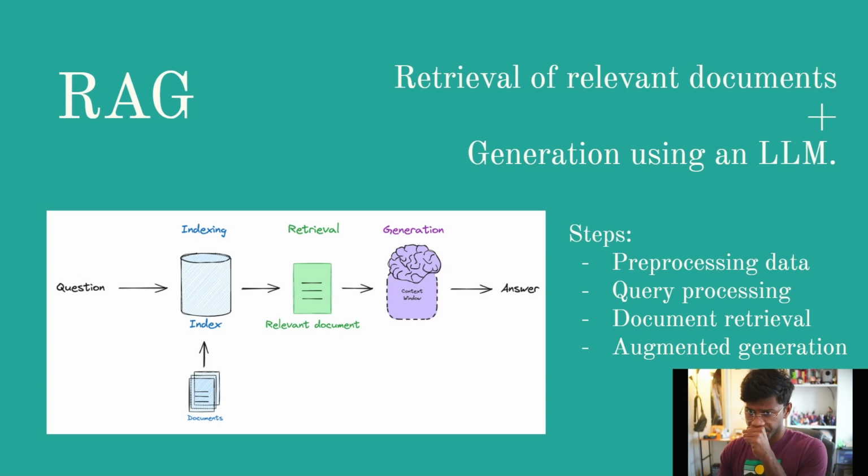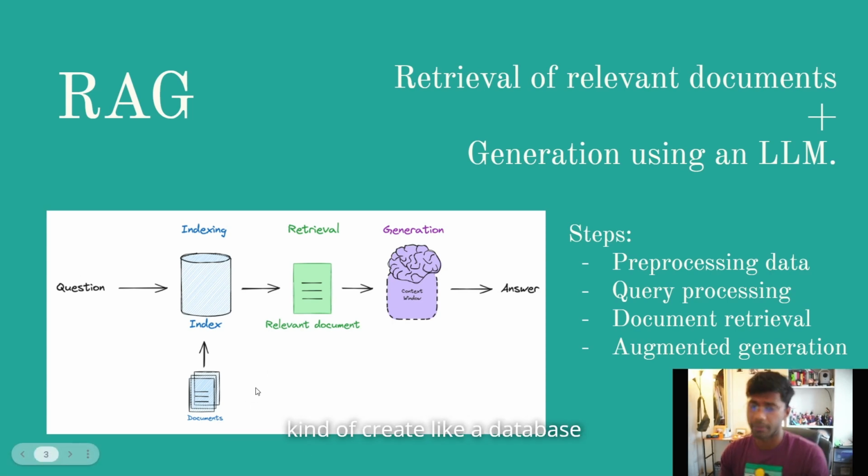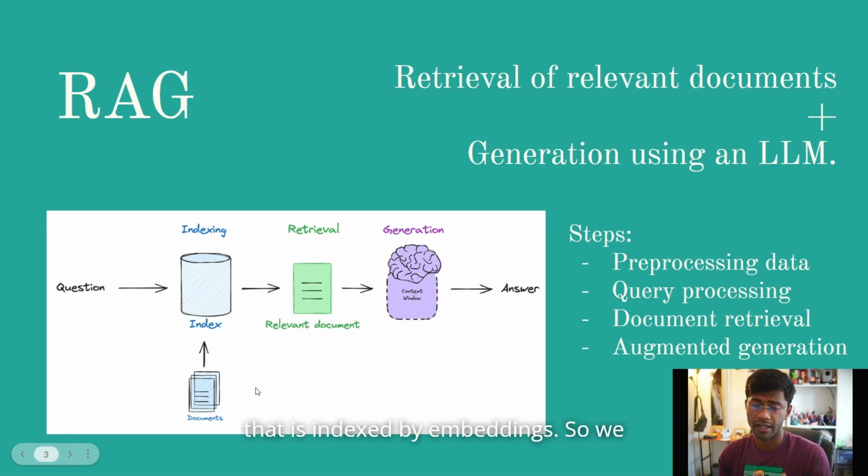So what we do is we take these documents and create a database that is indexed by embeddings. So we split the documents into chunks, create embeddings, and then put them in our database, and we have an indexed database. So this is a vector database, so that we have these vector embeddings.